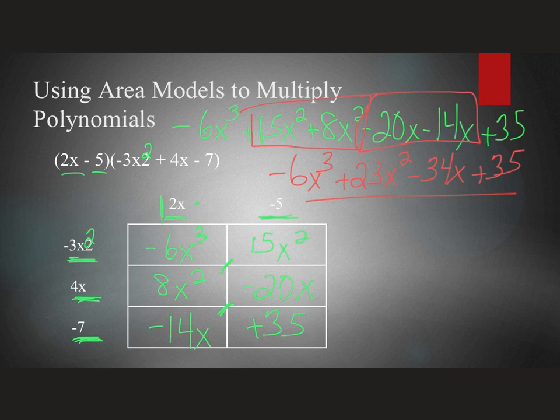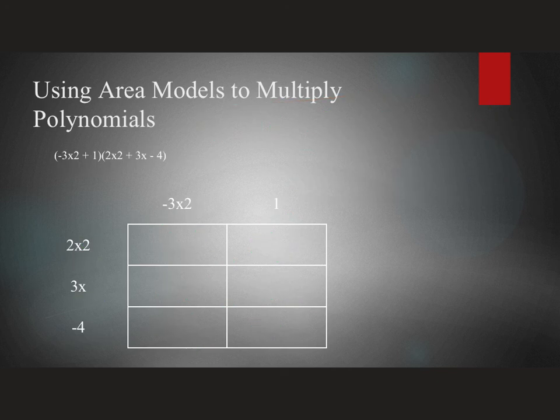So let's do one final example. And if you want, when we get to this, pause this and try to do it on your own. Obviously, these are squared terms, not the 2 after it. Okay?